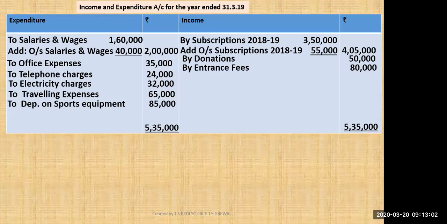Okay, sir. So now you will deduct these totals. So to surplus, this is the balancing figure, 94,000. Either you can say it is your excess of income over expenditure, or you can write simply to surplus, and always write balancing figure in the brackets, so that you know this is the balancing figure that you have to find out.